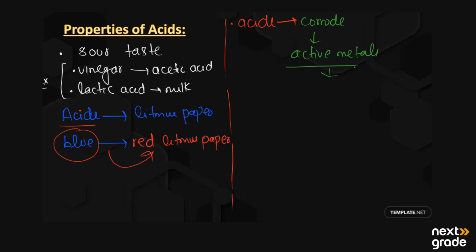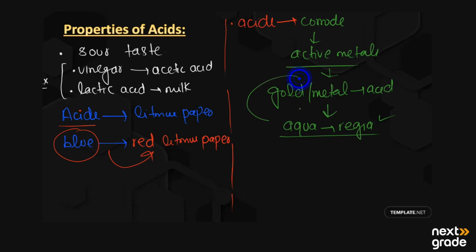Even gold, the least active metal, when attacked by a mixture of acids called aqua regia, or we can say the royal liquid, can be affected. So they can affect gold as well.